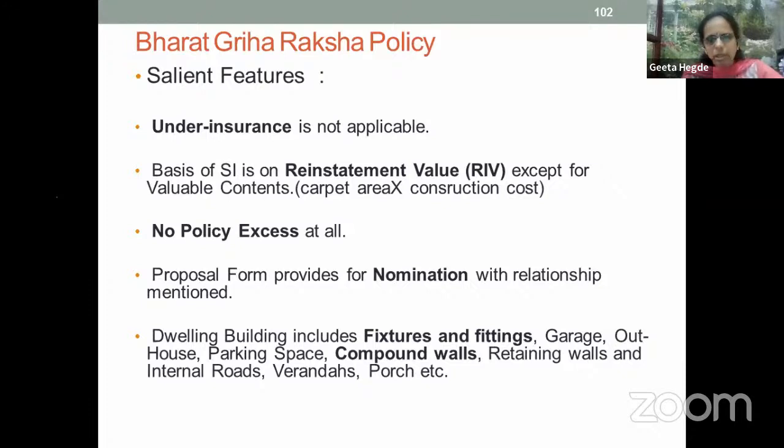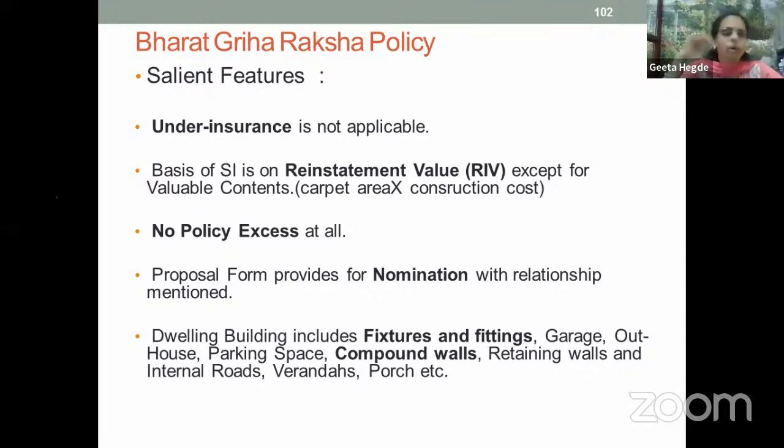All the policies are on reinstatement value basis, but the sum insured is to be opted as carpet area into construction cost. There is one major difficulty or area that is found a little difficult while issuing the policies, that we never used to have any area compulsorily incorporated under the policy. So carpet area into construction cost, that is how the reinstatement value is shown.